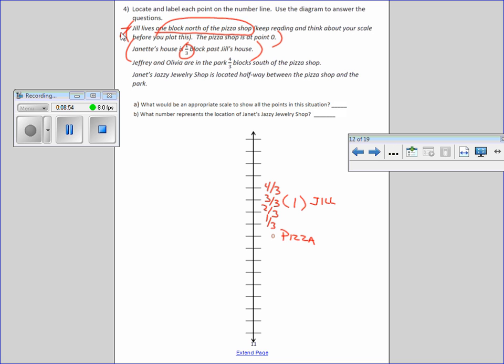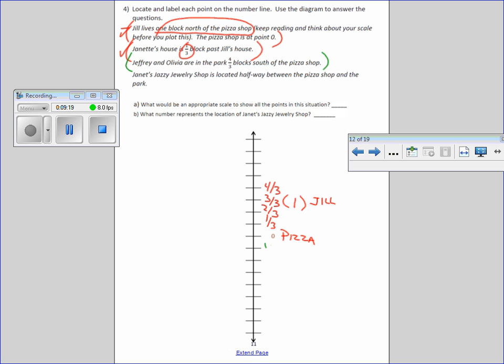We've done this, and we've done this. Now let's look at the park. That's this statement here. Jeffrey and Olivia are in the park, and the park is located 4/3 blocks south of the pizza shop. Integer-wise, going south is your negative integers.